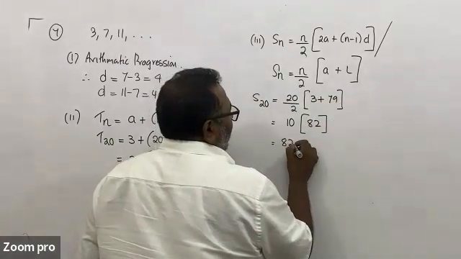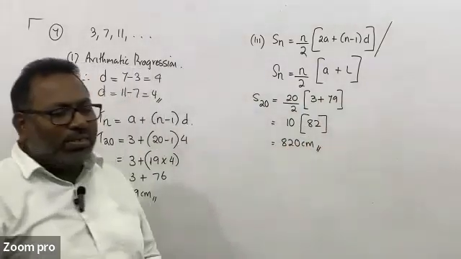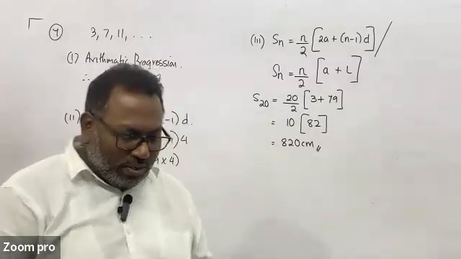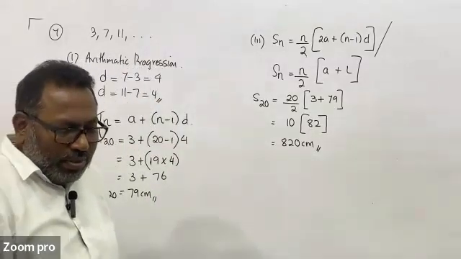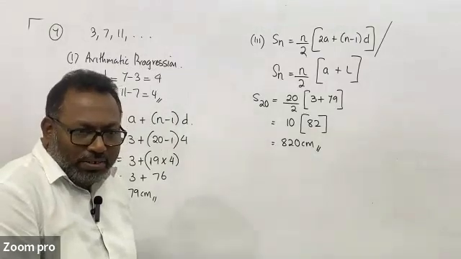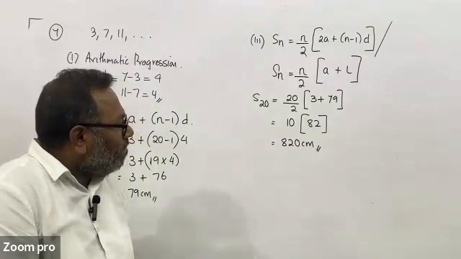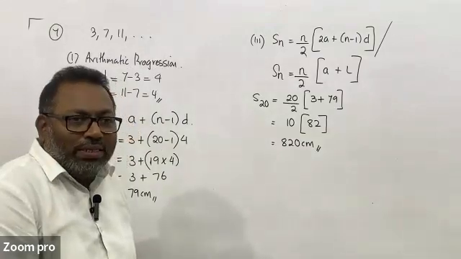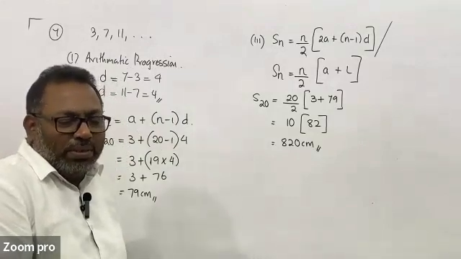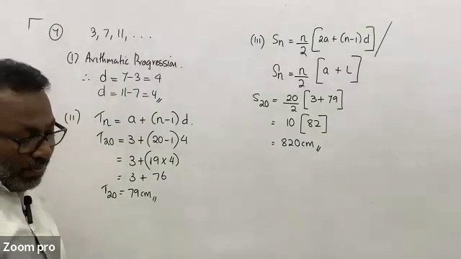So 820 centimeters is the total length of the ribbon. Total length required to cut 20 pieces. Okay, that's your third question.